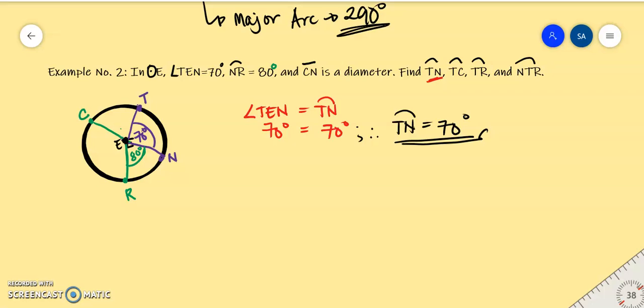And we know by definition, if there is a diameter, it cuts the circle in half. So we have semicircle CTN. So let's illustrate it here.